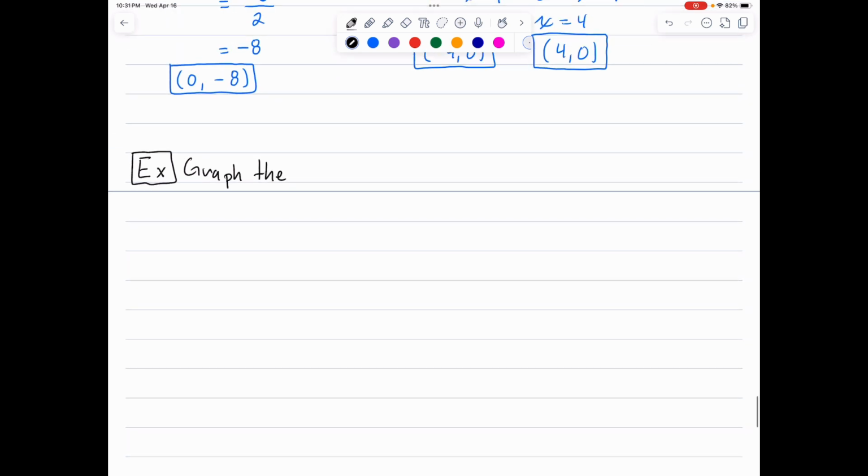So we're going to start with example. Graph the following rational functions.